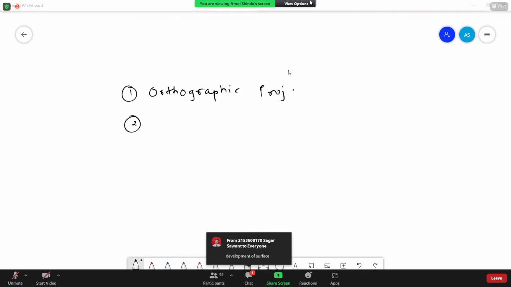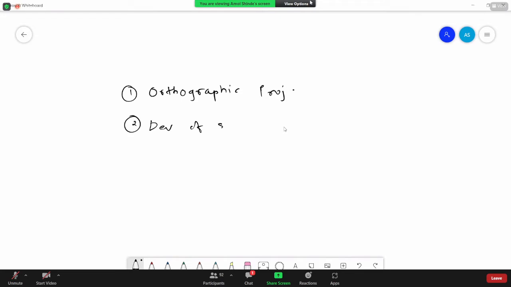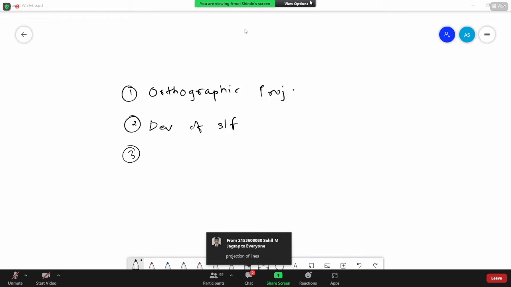Development of surfaces. Okay. Anything else? Projection of lines. Okay. Anything else? Projection of points.